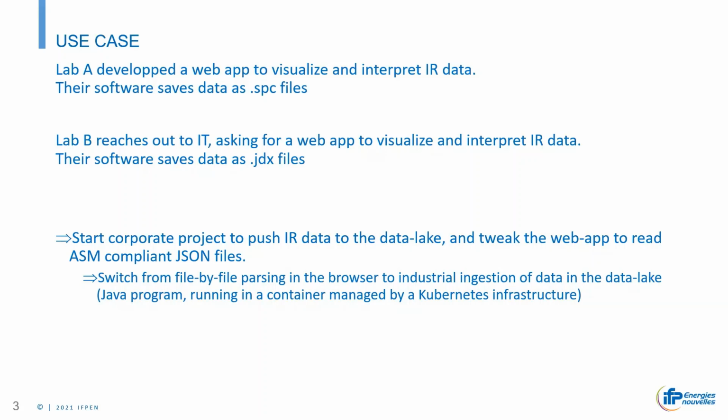So instead of parsing files in the browser, where the user in the web app would choose a file that would be parsed locally, we ingest all of the infrared data going back tens of years in a Java pipeline.